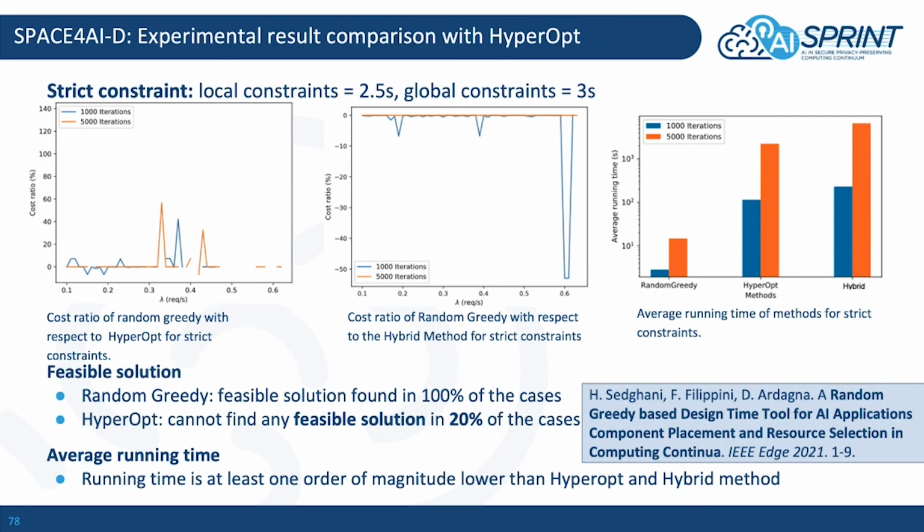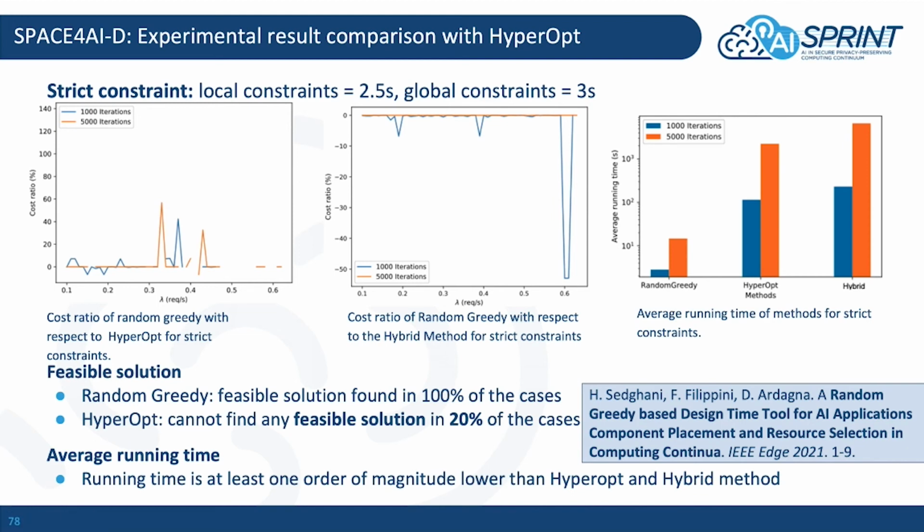This slide indicates the result under strict constraints. Random greedy always finds a feasible solution if it is possible, while the disconnected points in the first figure show that Hyperopt cannot find any feasible solution in 20% of scenarios.